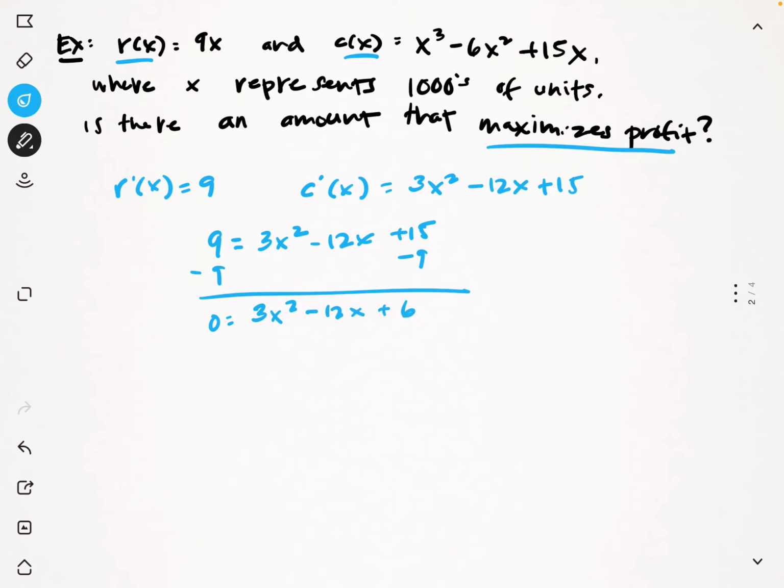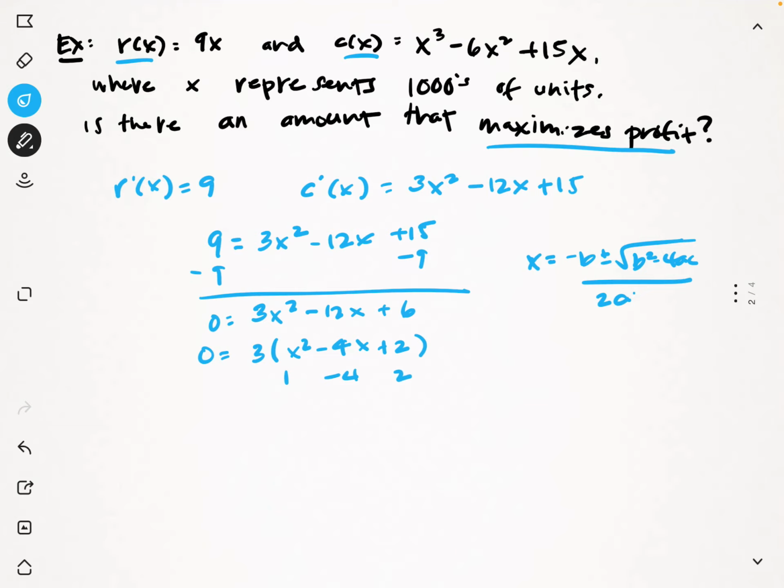Then we can factor out a 3, so let's do that. 3x squared minus 4x plus 2. That's not something we can factor, so we have to put it in the quadratic formula. Our a is 1, b is negative 4, and c is 2.